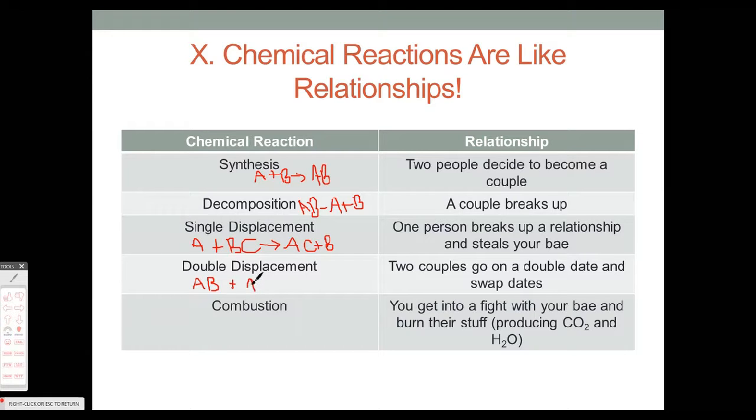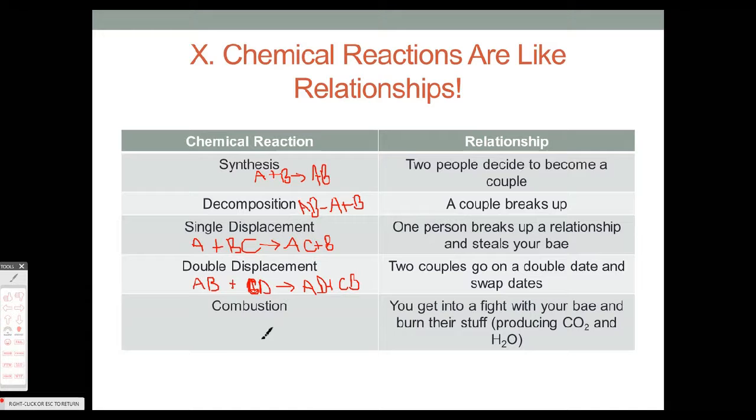Oops, that should be a C. You went on a double date with another couple, and midway through the date, you guys decide you want to swap dates. Which is a little odd, but no judgment. So you can see here we have two entirely new molecules. Completely different. They switched partners halfway through the date.